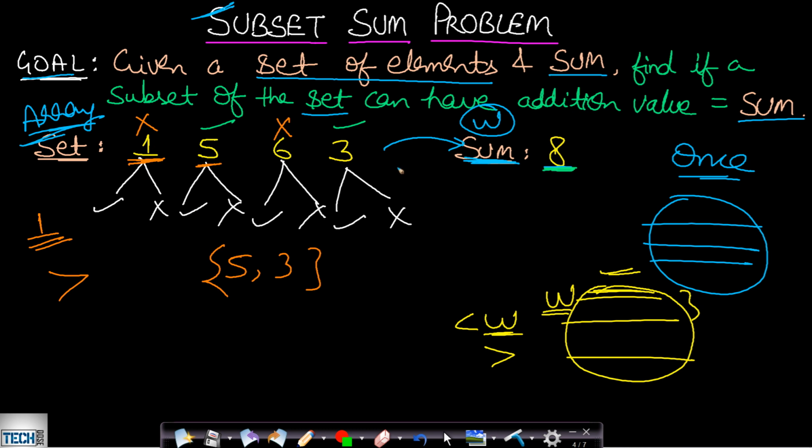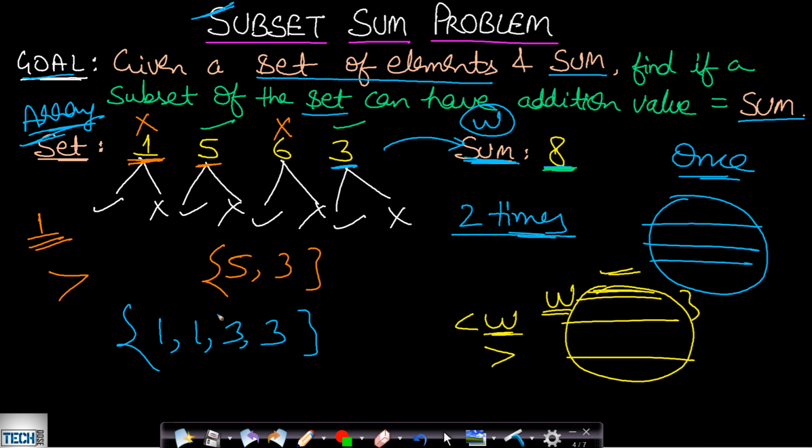Therefore this was 0-1 knapsack. But let's say we were allowed to take each item 2 times at max. So what can be another result? In this case, we would have taken something like 1, 1, 3, 3. This would have also formed a subset where we would have taken each item a maximum of 2 times, and then we would have formed this sum equal to 8.